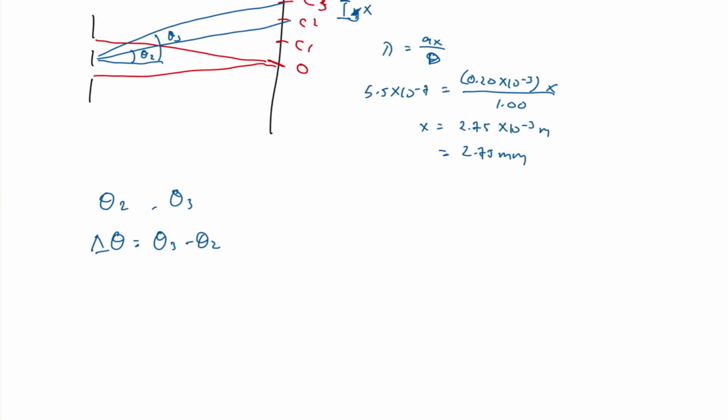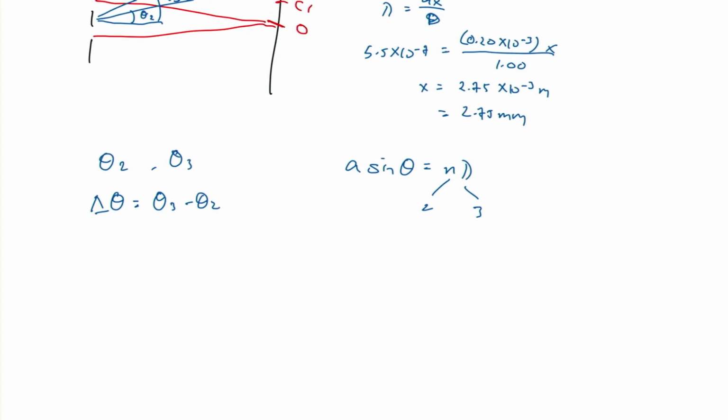Instead of d sine theta, we use a sine theta equals n lambda, where n is either 2 or 3. So we need to do it twice. First, let's find it for n equals 2, the second order constructive interference.